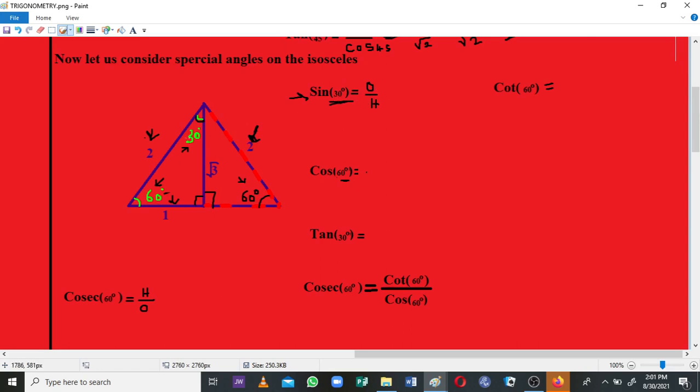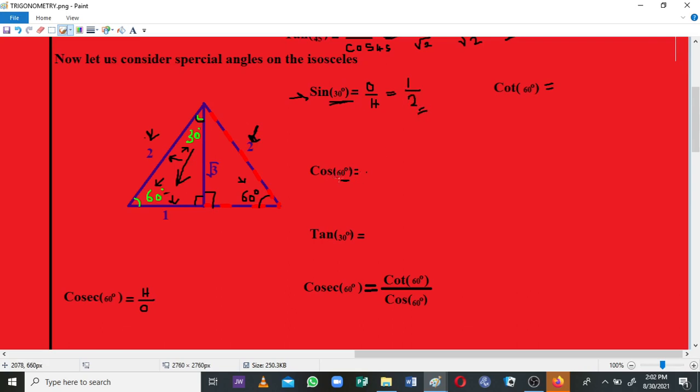Now sine 30 is right here. The opposite side to this angle is 1, and the hypotenuse is 2. So the value for sine 30 degrees is going to be 1, which is our opposite, over hypotenuse, which is 2.